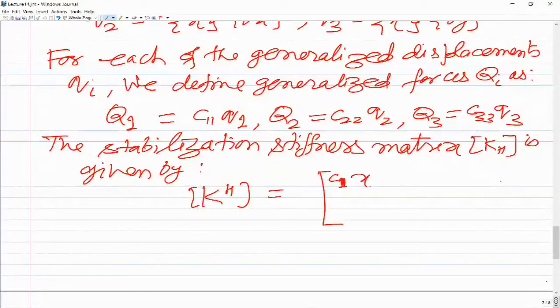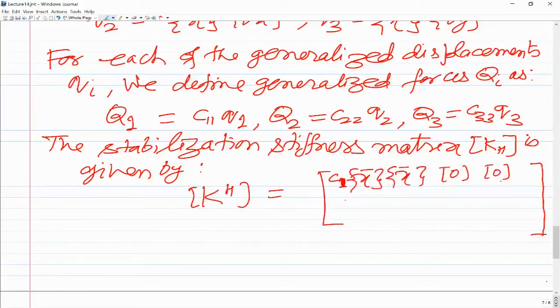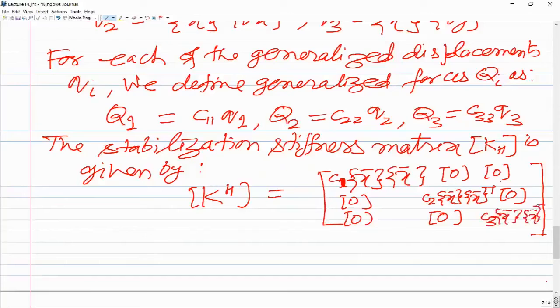So c1 into gamma bar into gamma bar transpose, so that it is a matrix, and then the null matrix. Then corresponding to theta x, a null matrix, then constant c2 into gamma bar into gamma bar transpose and a null matrix, then a null matrix and a null matrix, and c3 gamma bar into gamma bar transpose.